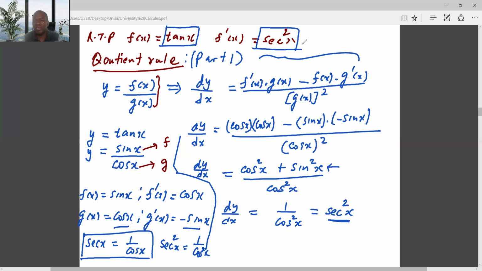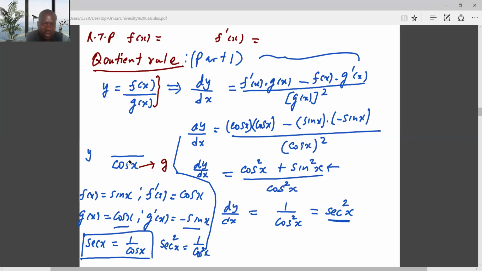But how about if we wanted to know what is the derivative of cot instead of this? Let's try to prove it without having to look at that side, because we know the derivative of tan is sec squared x.